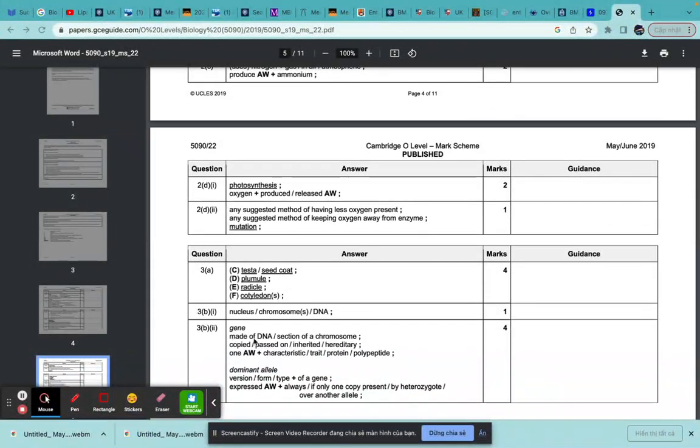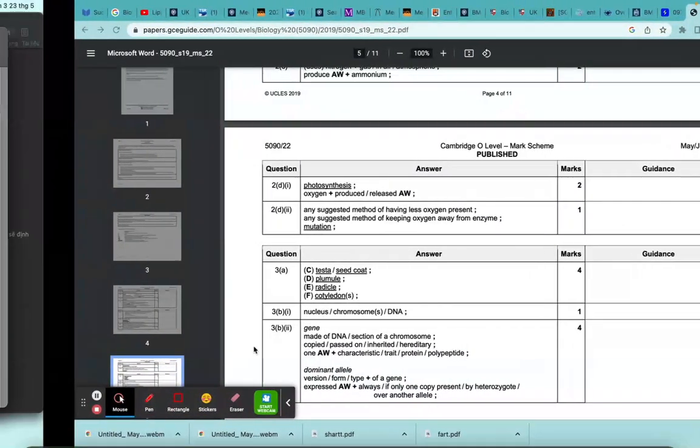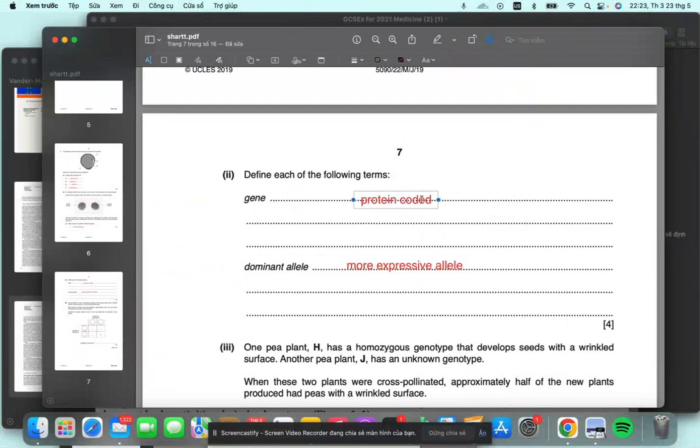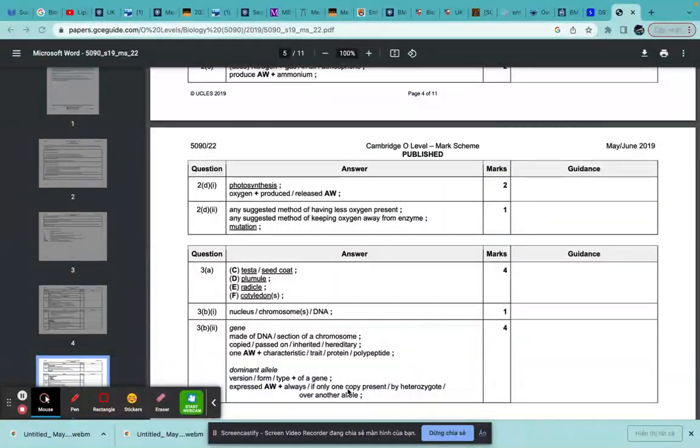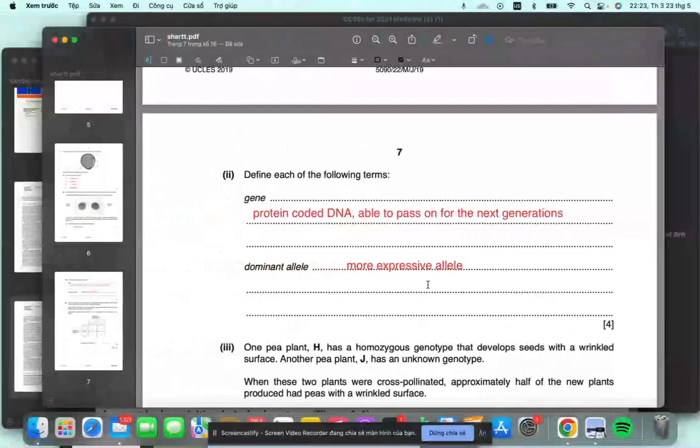A gene is made of DNA and is passed on. Dominant allele, more expressive version of a gene. An allele is a version of a gene.